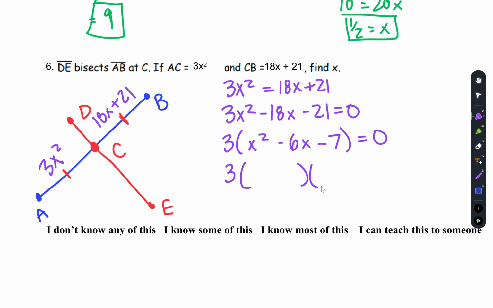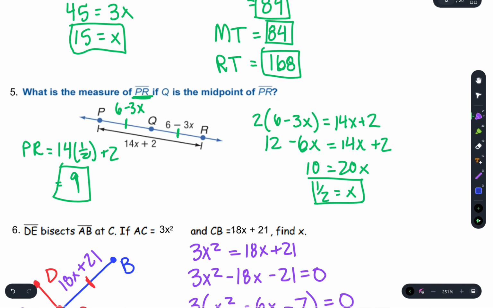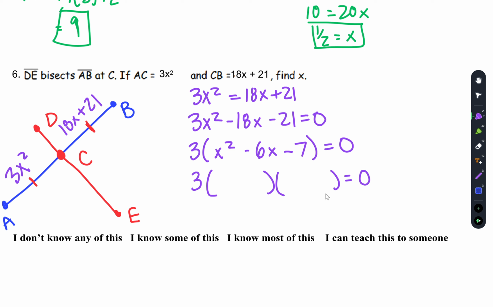And now I'm looking for factors. What are my factors of that x squared minus 6x minus 7? I know the factors of x squared are x and x. Factors of 7 are 1 and 7.